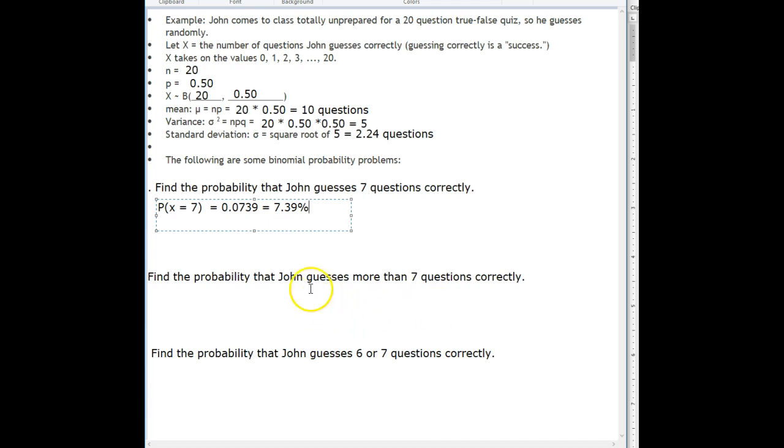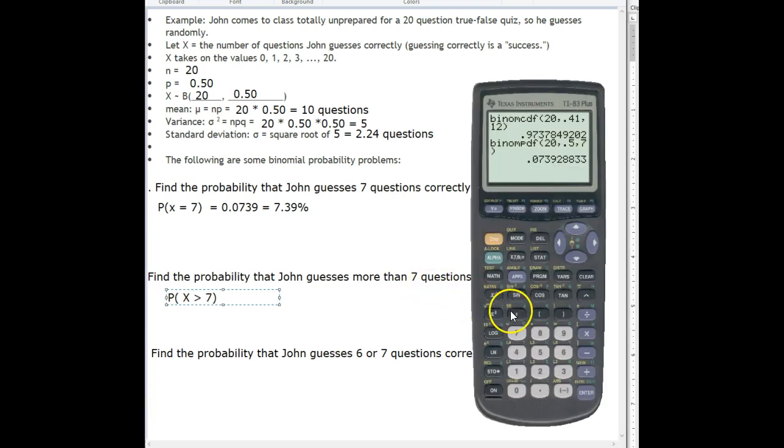Now let's find the probability that John guesses more than 7 correctly. So we would write this as the probability of x greater than 7. For this one, let's clear this out. We are going to do 1 minus and then do the calculation. Again, these directions are in your textbook as well.